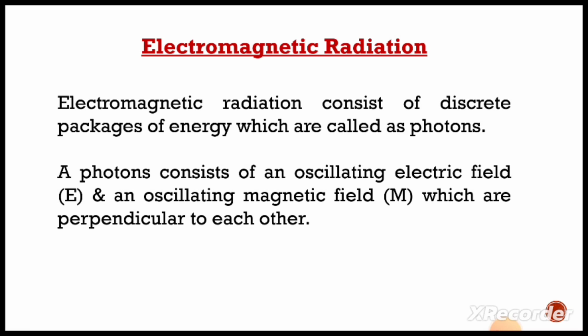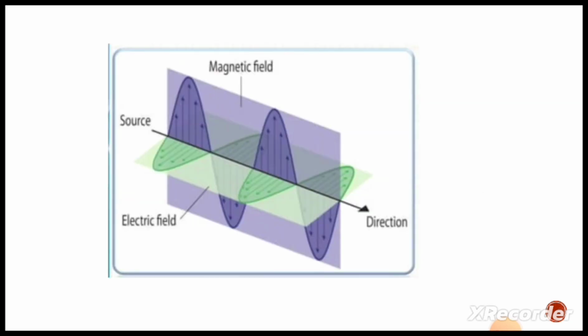A photon consists of an oscillating electric field, denoted by capital E, and an oscillating magnetic field, denoted by capital M, which are perpendicular to each other. Here you can see the magnetic field shown in violet color and the electric field shown in green color, so they are perpendicular.